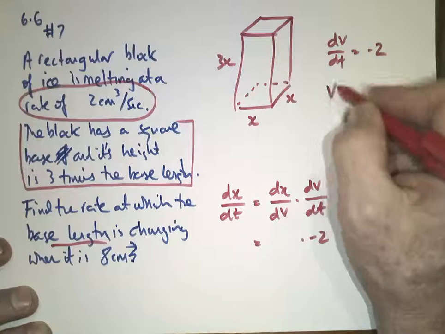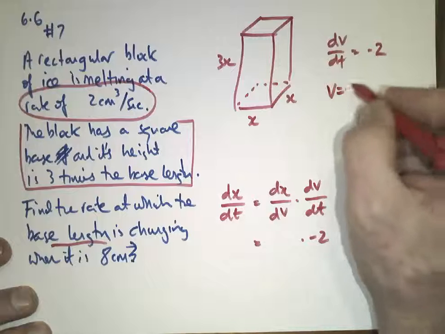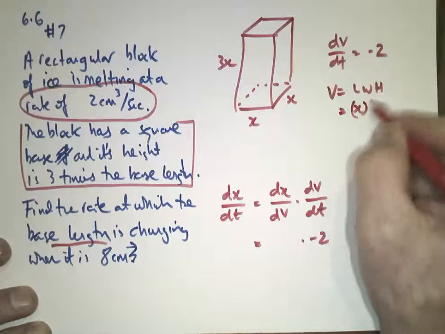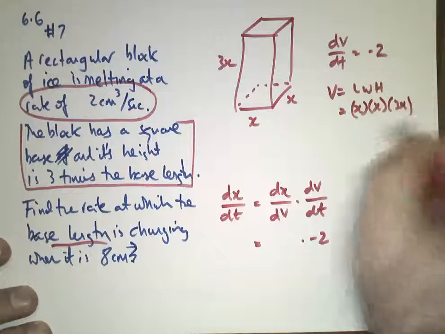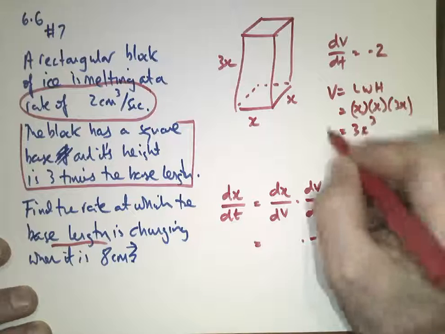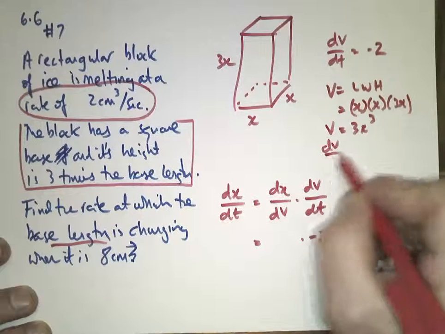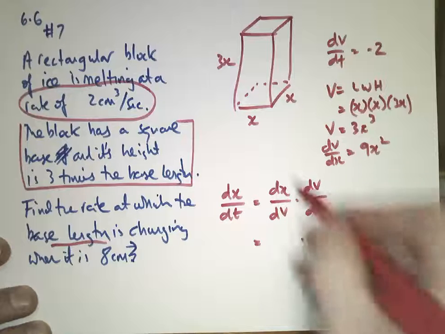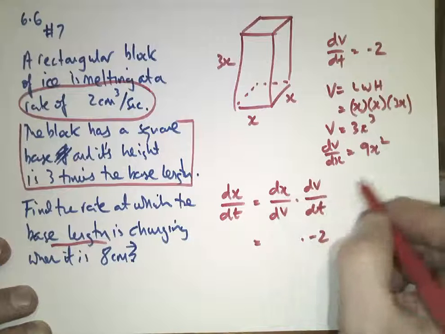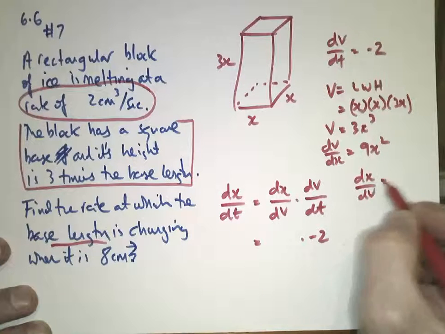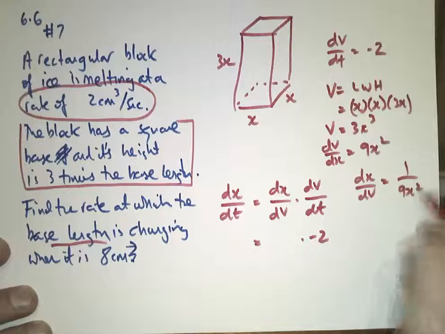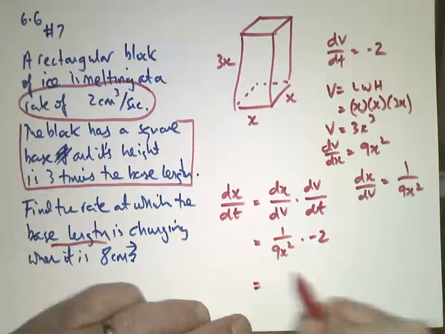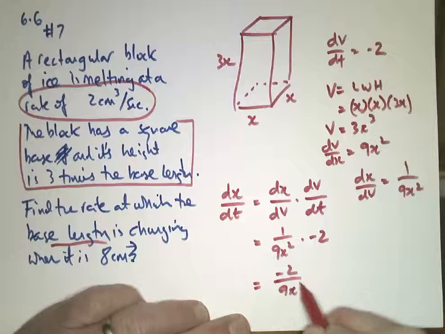The volume of a rectangular block is length times width times height, which in this case is x times x times 3x, which is 3x cubed. dV/dx is going to equal 9x squared, and I'm interested in dx/dV, so dx/dV will equal 1 on 9x squared. So dx/dt is -2 on 9x squared.